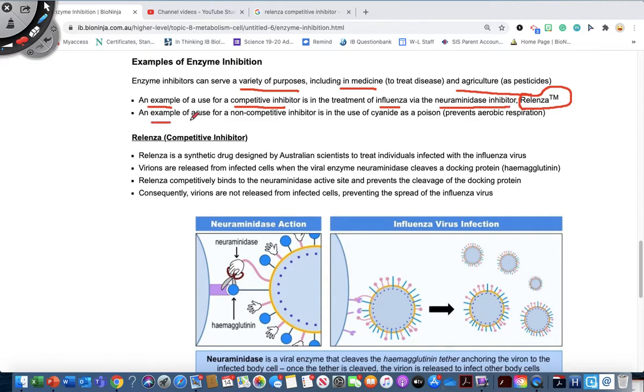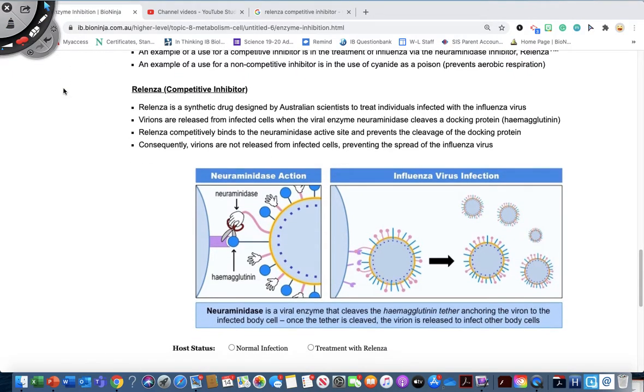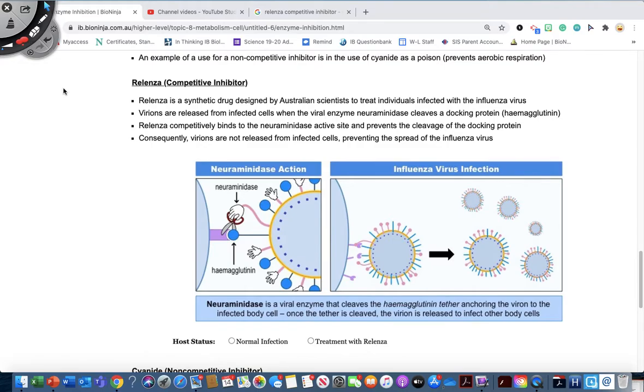And another example, of a non-competitive inhibitor, would be cyanide. And I'll show you how that prevents aerobic respiration in just a second. All right, let's put on our thinking hats then. In the activity that you're going to work on, you're going to see other examples of competitive inhibitors and non-competitive inhibitors.